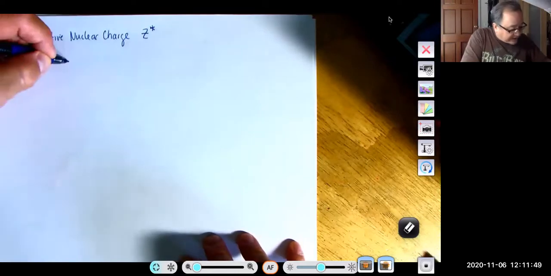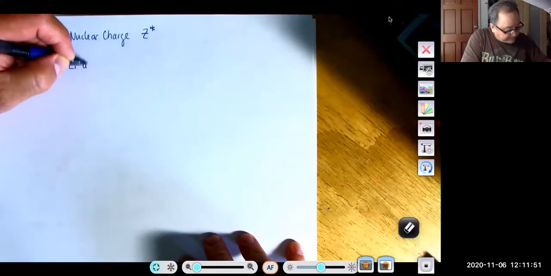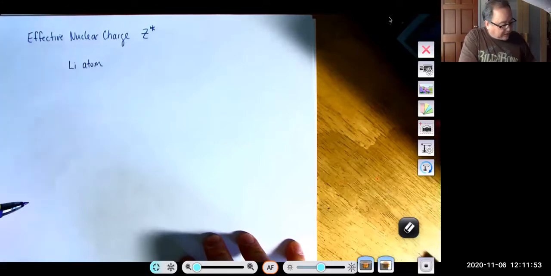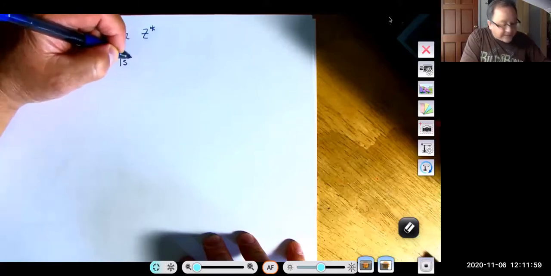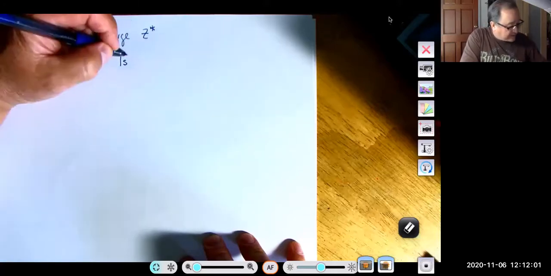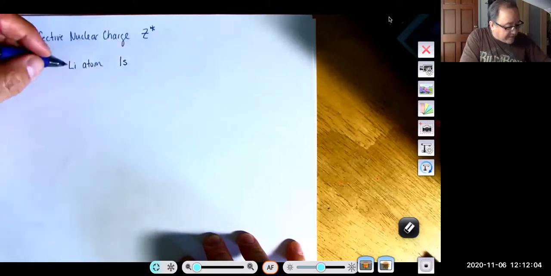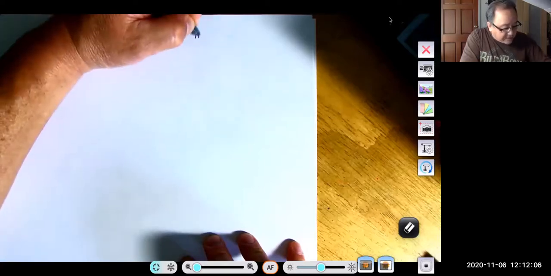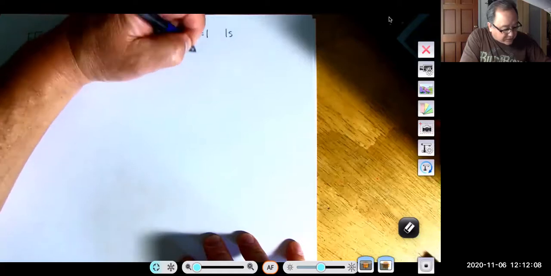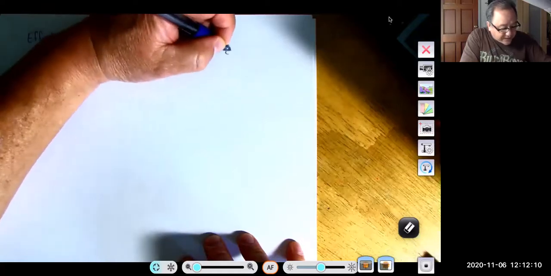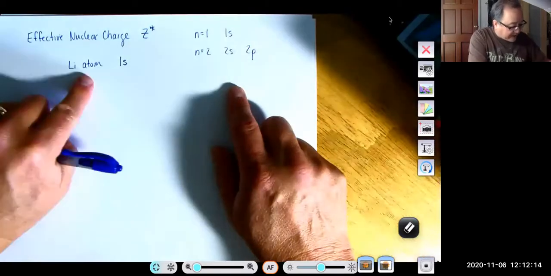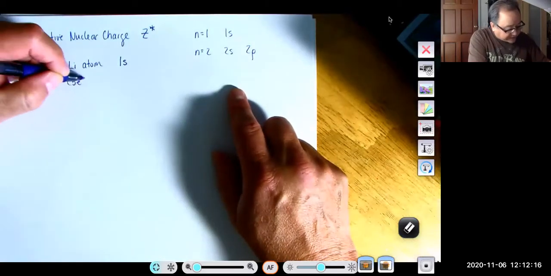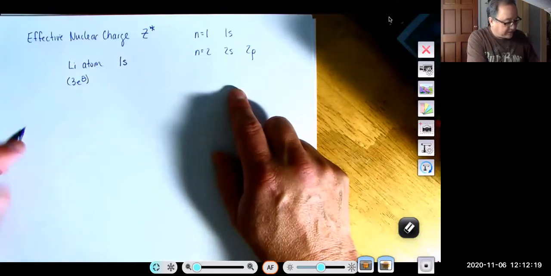So if we look at a lithium atom, it will have electrons in the first shell and the second shell. Remember for n equal 1, there's 1s. For n equal 2, there's 2s and there's 2p. A lithium atom has 3 electrons because its atomic number is 3.